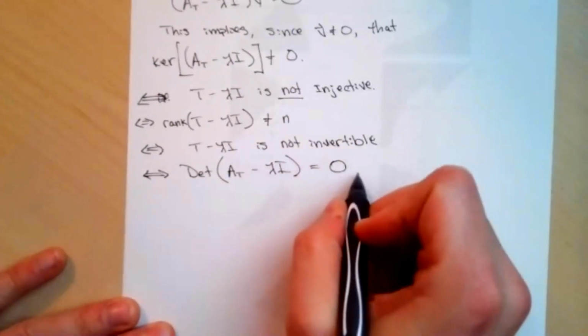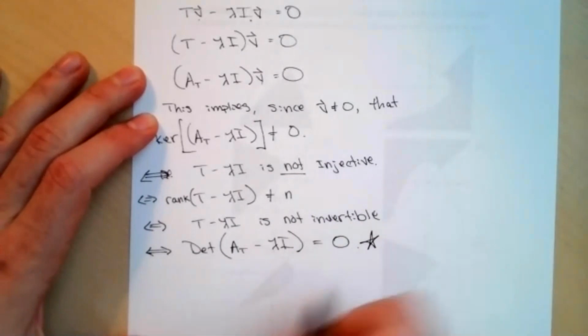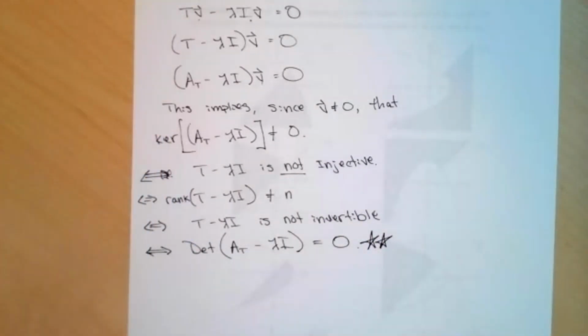So our determinant is going to be 0 whenever we have a non-invertible matrix. So this gives us a very powerful tool towards answering this question of how do we find eigenvectors and eigenvalues?